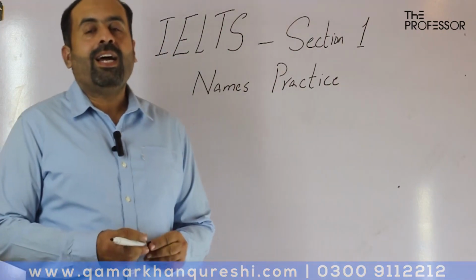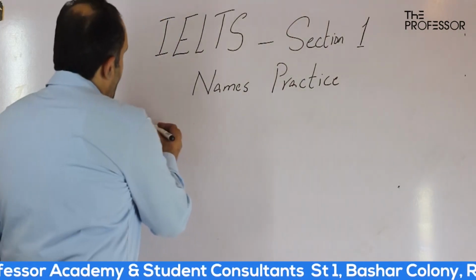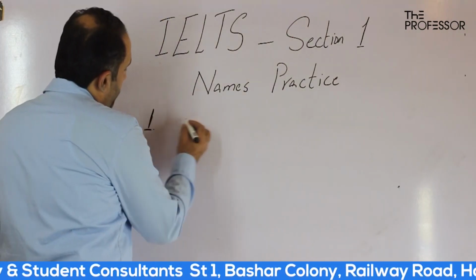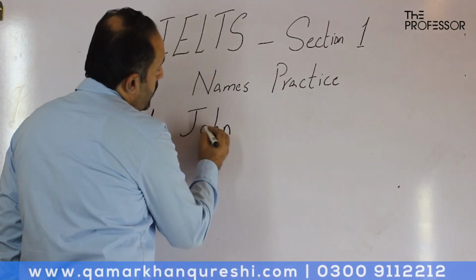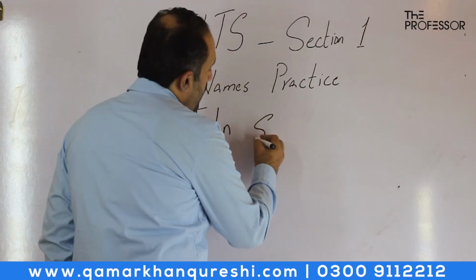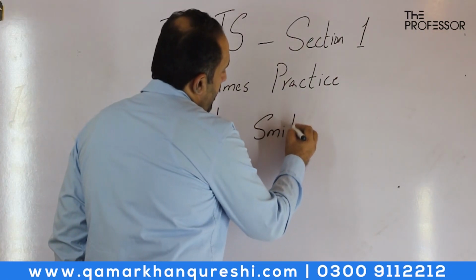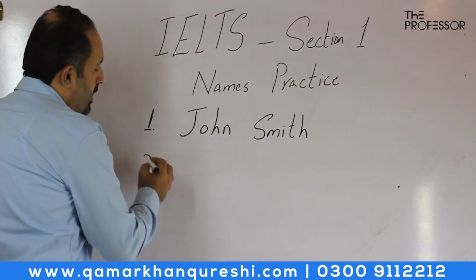Okay. All right, guys. So now let's do it together on the board. So what was the first name? John Smith. So this is how you spell John. John Smith. What was the second name?